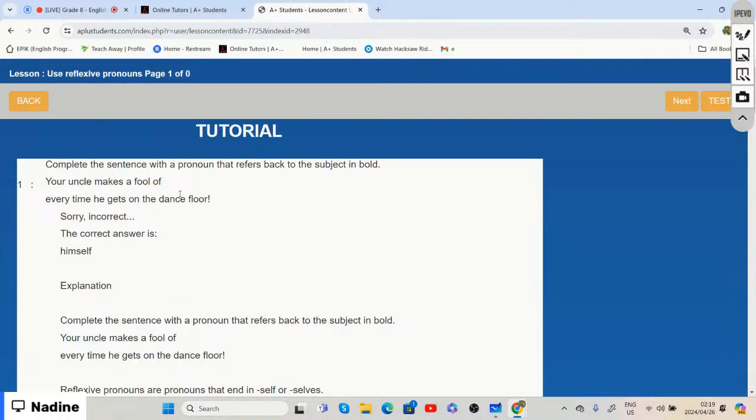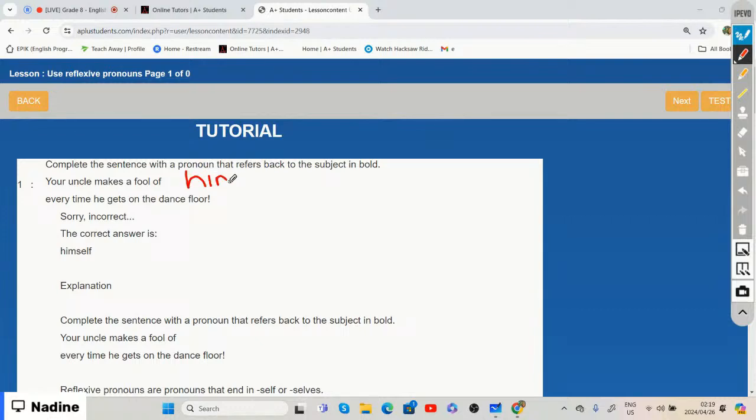So we can say your uncle makes a fool of himself every time he gets on the dance floor.